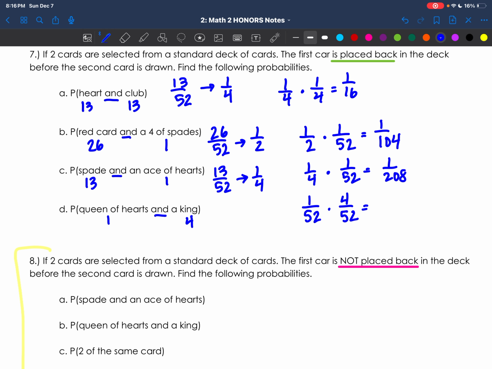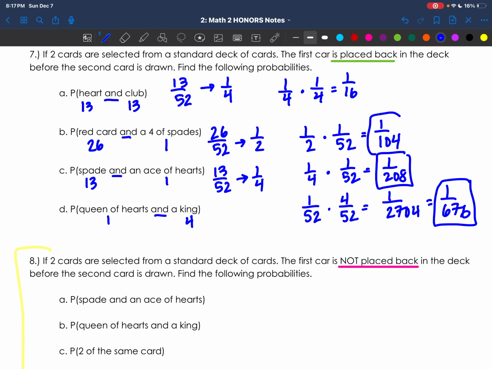You're going to get a really big number, or you could have done 1/13, I guess, yeah, so that should have been 1/13 from there. All right, so now these are all your final answers.